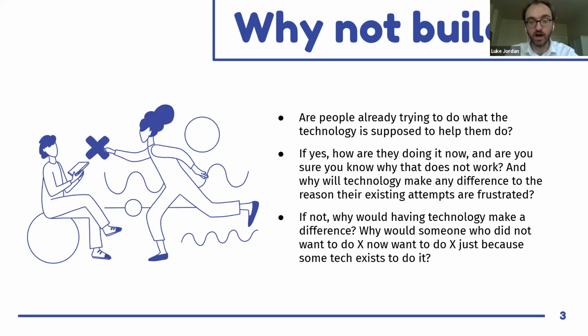And are we sure we know why technology will make any difference to the reason that their existing attempts are frustrated? So getting very clear on the questions of why technology will make a difference for people already trying to do it, to whatever's frustrating their attempt to do it, and if not, why would having technology make a difference?